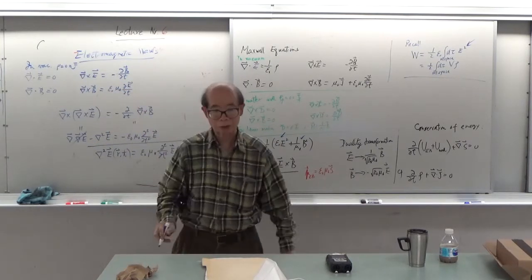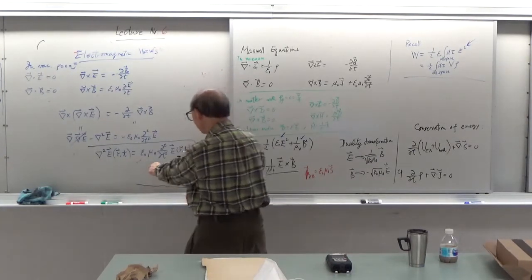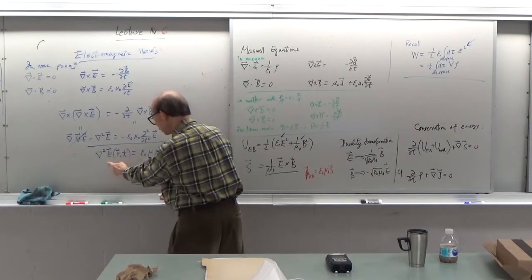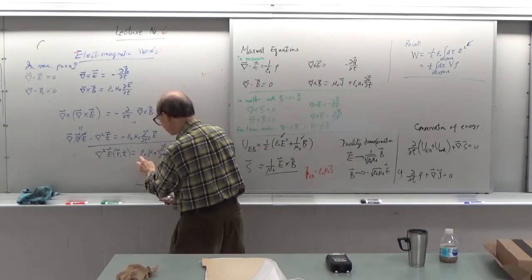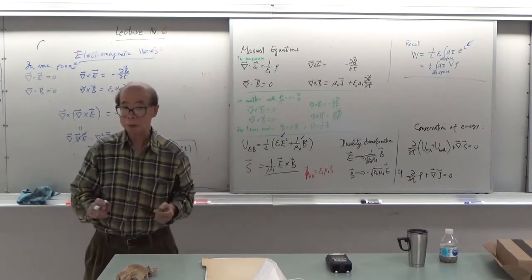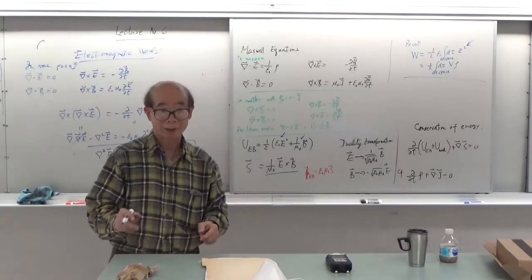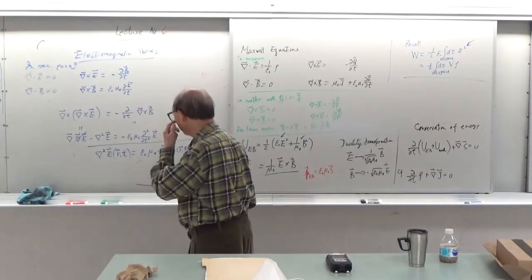Second order differential equation. And you may notice that I can put this term to the other side so that I have the combination of Laplacian minus epsilon naught mu naught del squared by del t squared. And you remember that those two terms combined in that form to be the D'Alembertian. But let's give it in this form. All right?